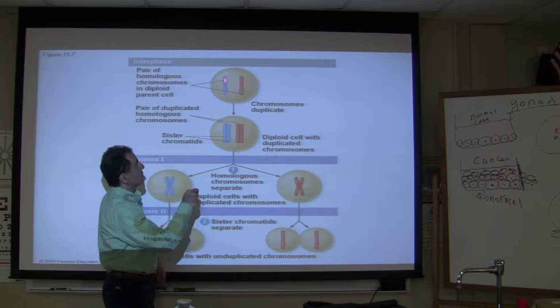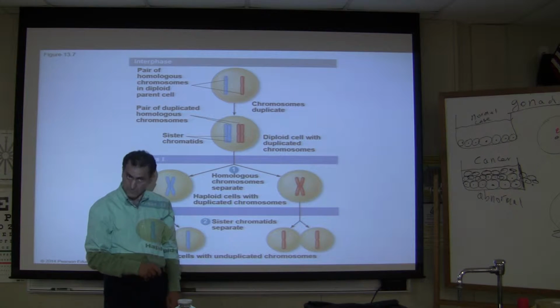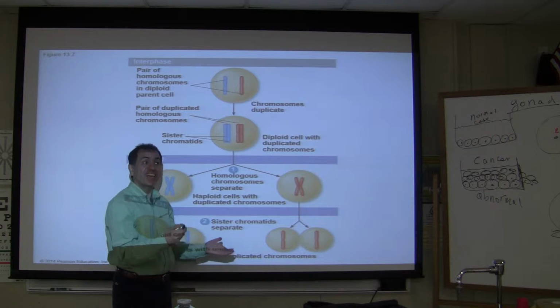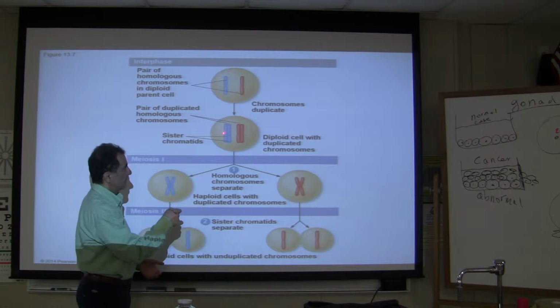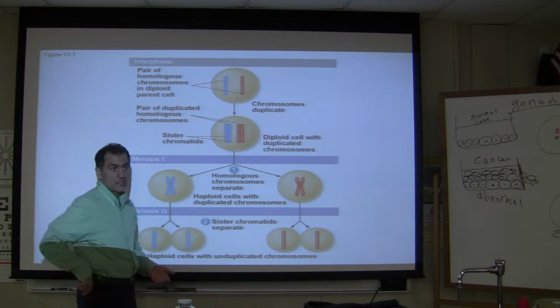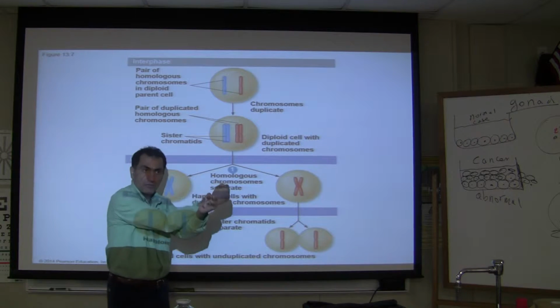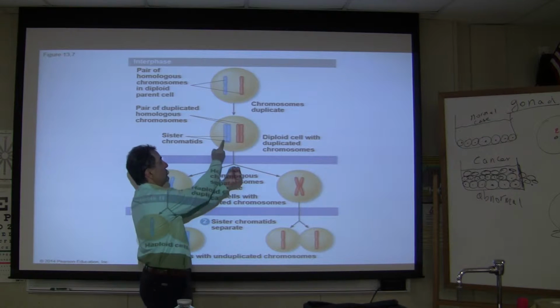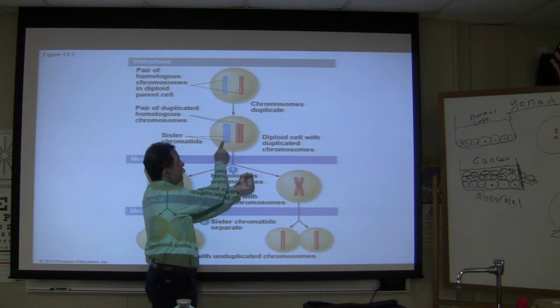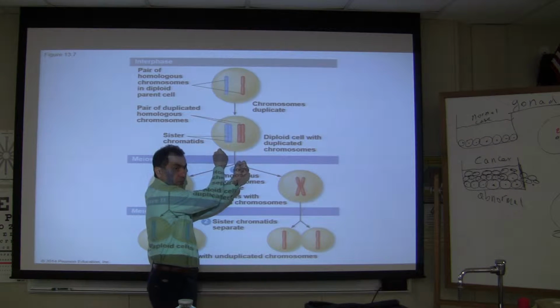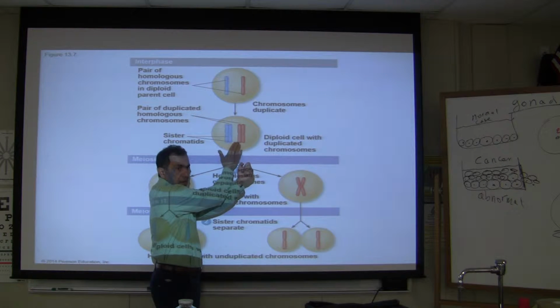You have a blue chromosome, you have a red chromosome. Okay, am I making some sense? They go through the S phase of interphase, right? It becomes two sister chromatids. You have two blue. So they have two of the chromosomes, right? You remember this from mitosis, similar to mitosis so far.